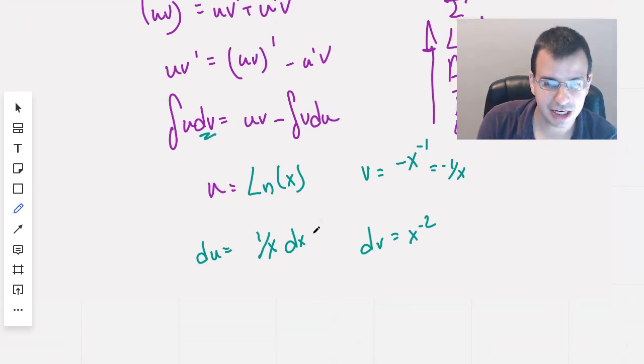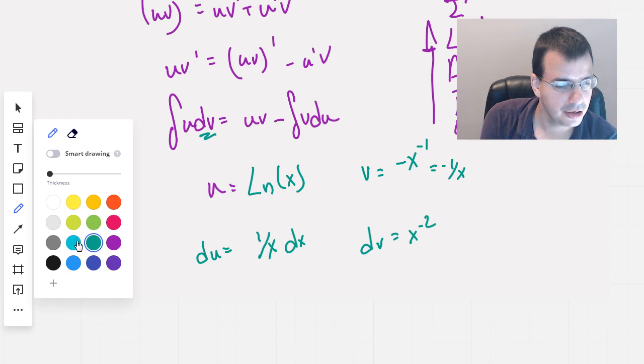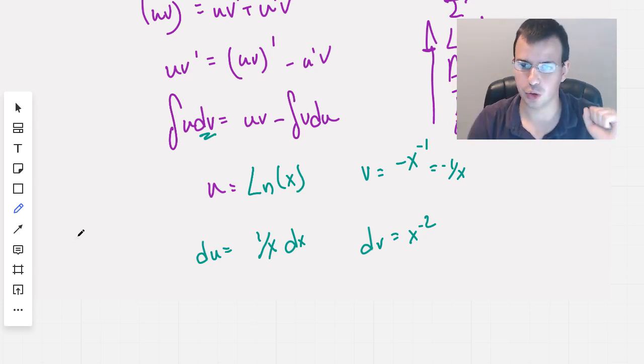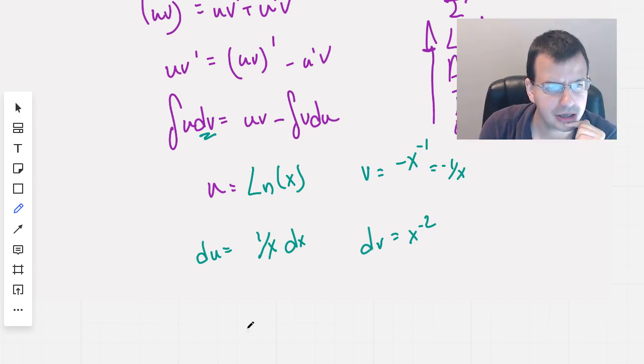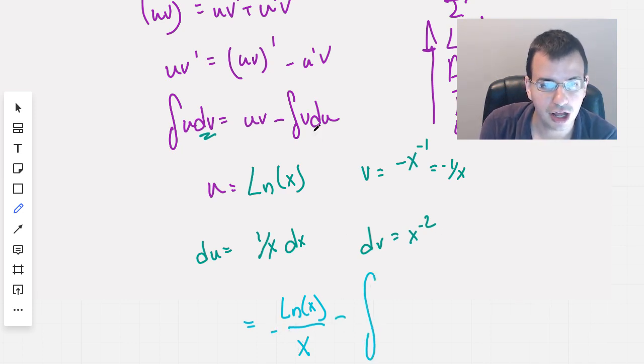You can think of that dx as coming from the chain rule, where we take the derivative of the interior being x. It also makes the formula work out nicer, and it's more formally correct. Okay. So now we have our formula, and we plug things in. We do u times v, so we have natural log of x over x, and we have a minus right there, minus the integral of v du.